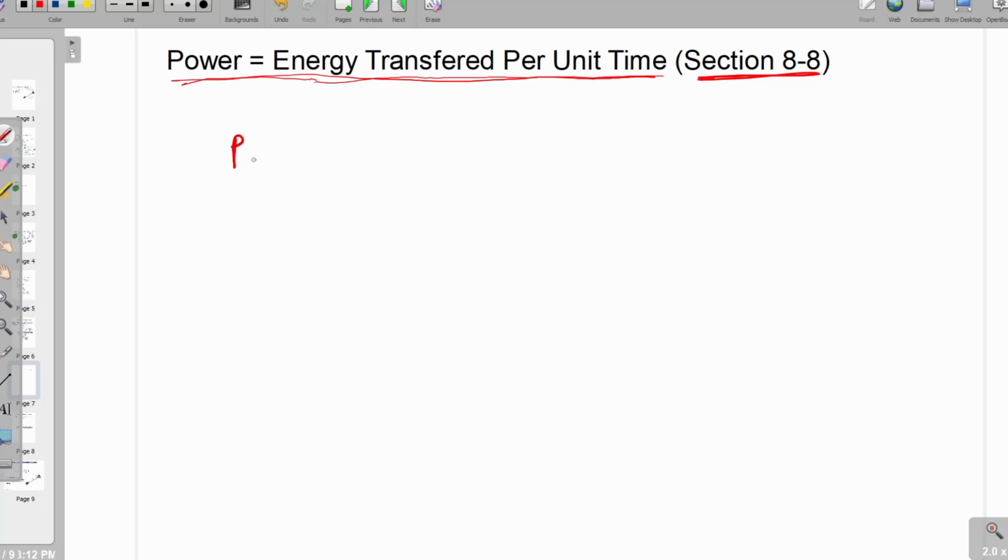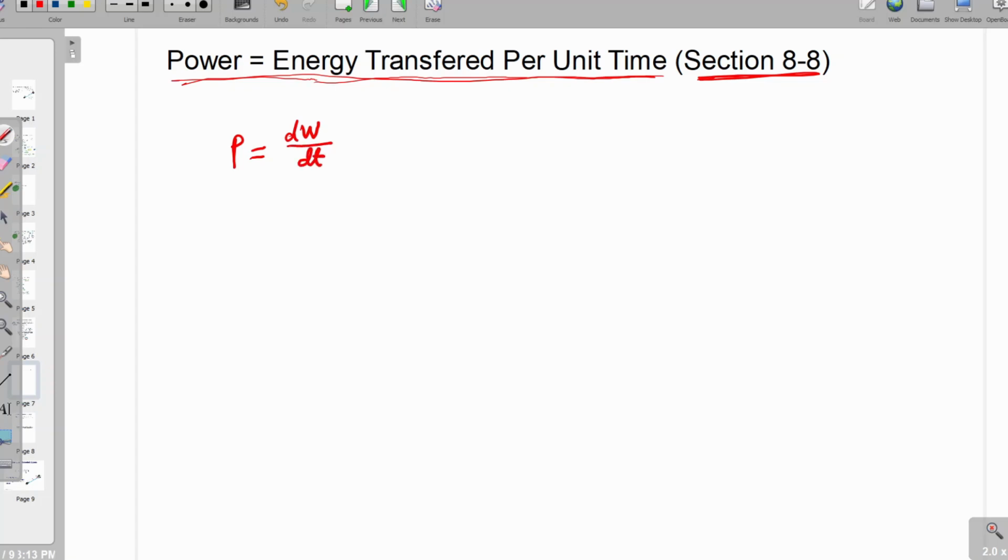So power is the energy transferred per unit time. Energy transfer is another way of saying work. Whenever work is done, energy is being transferred from one body to another. So we can express power as dW/dt.